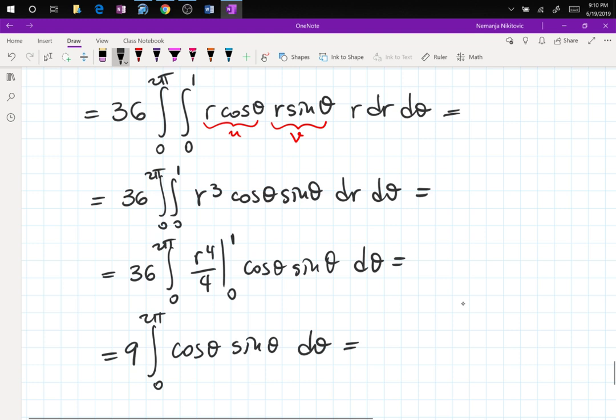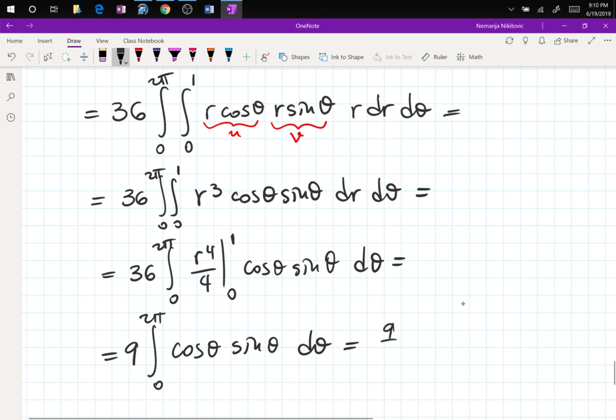What's sine theta times cosine theta in the identity? No. I said we want to do this the boss way. Sine theta times cosine theta is 1/2 of sine 2 theta.